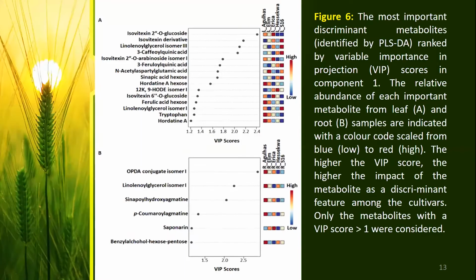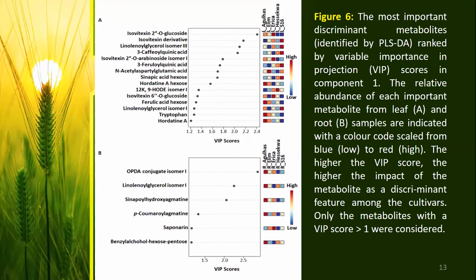To select discriminating metabolites between the cultivars, a statistical tool such as PLSDA was performed. These compounds were selected as discriminant metabolites, and only the ones with a VIP score higher than 1 were selected.